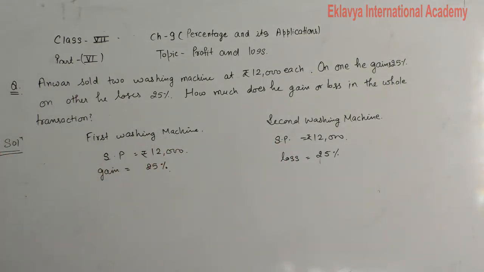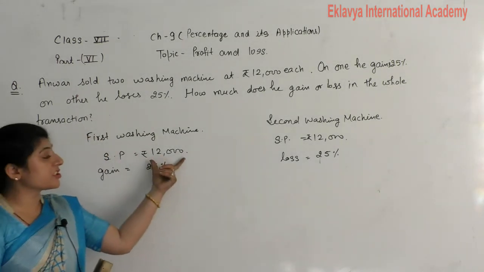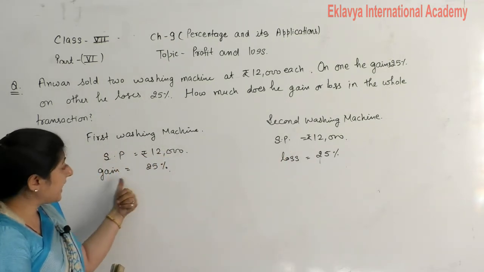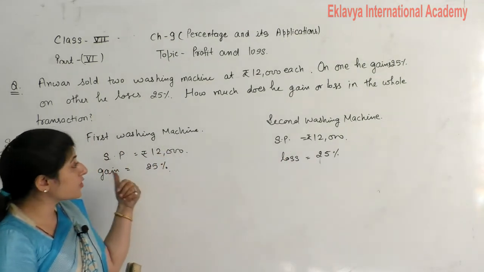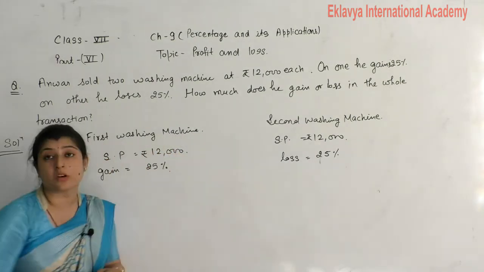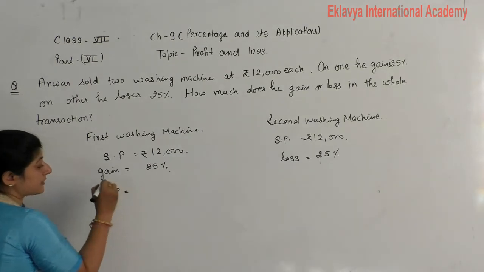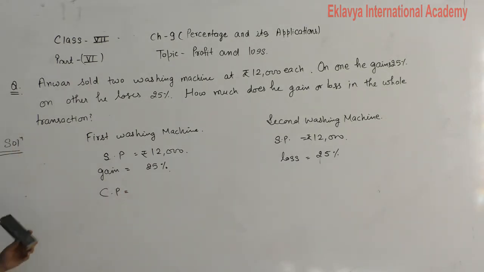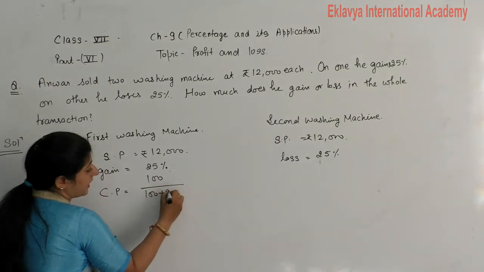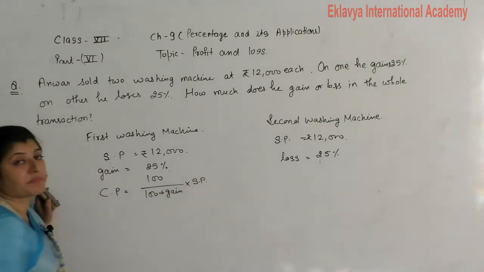Anwar sold 2 washing machines. Sold, it means this is the SP. SP of first machine 12,000 and second machine also 12,000. But he gained 25% on the first washing machine, and on the second washing machine he got a loss of 25%. Then how to find out the cost price? For the cost price there is a formula, that is 100 upon 100 plus gain multiplied by SP.